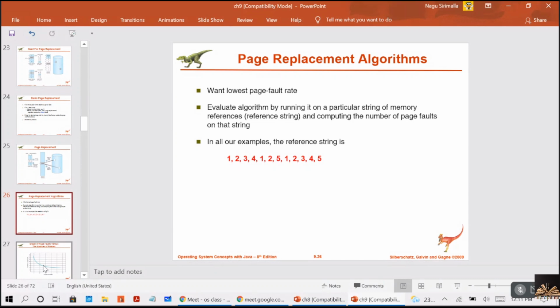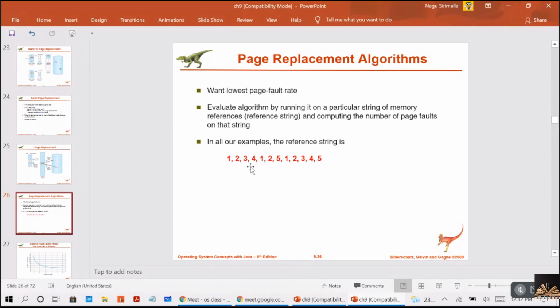So you have to find a replacement algorithm that reduces the number of swap-ins and swap-outs, which means reducing the number of page faults. You are getting me, guys? To evaluate which replacement algorithm is better, evaluate the algorithm by running it on a particular string of memory references and compute the number of page faults on the string.